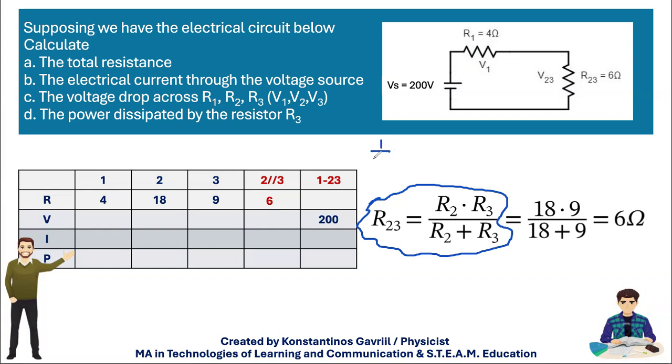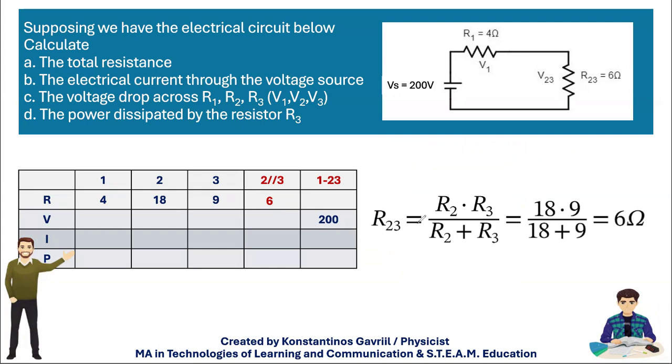The basic formula is this one: 1 above R total equals 1 above R1 plus 1 above R2 plus 1 above R3, and so on. Okay, this is the basic formula for a parallel connections combination. Not this one. This option is for 2. So let's continue.